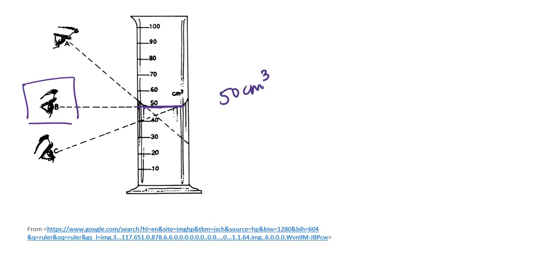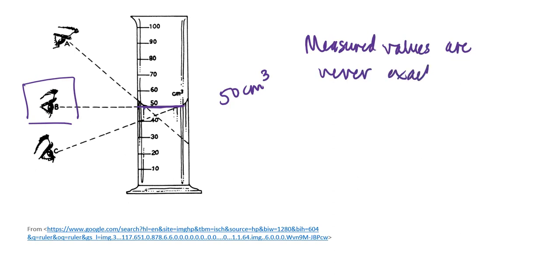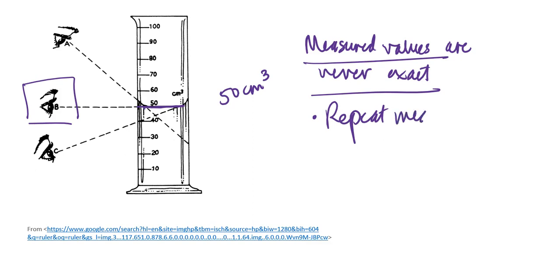But it's entirely possible that this person's lab partner might look at it and say, no, it's really 49.8. So again, because of this uncertainty, measured values are never exact. And because of that, it often makes us feel a whole lot better if we repeat measurements.